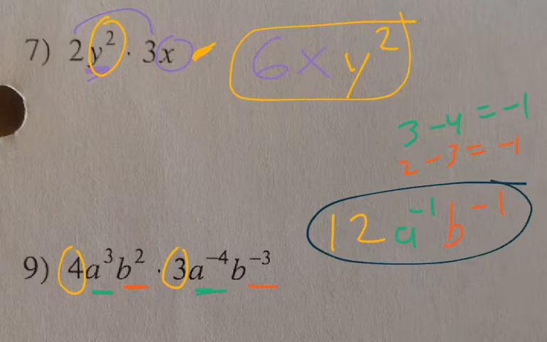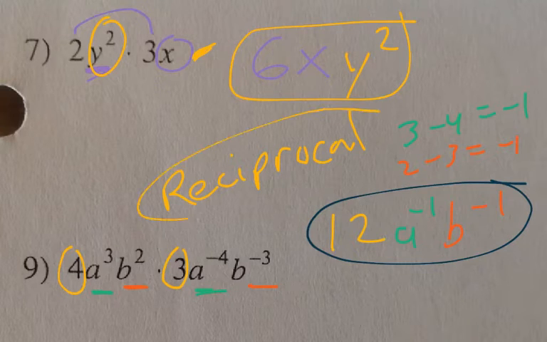Now, the answer I came up with here, guys, is valid. That's the right answer. But your teacher is going to expect you to rewrite these expressions and simplify them without negative powers. So the one new rule I want to remind you of is that negative powers never mean the number's negative. Negative powers mean reciprocal. So what you're going to see me do here, guys, is do the reciprocal.